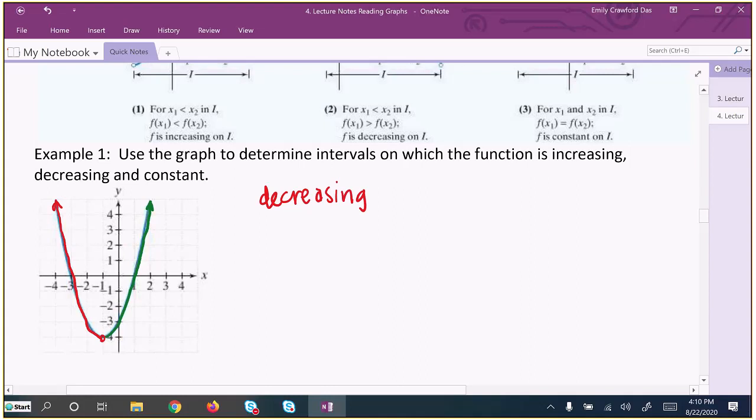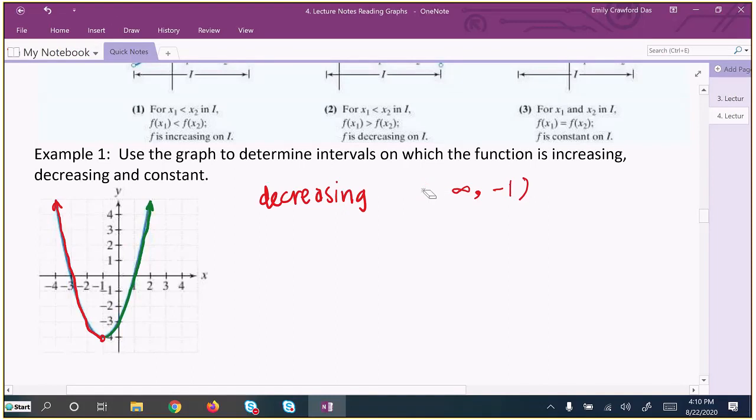And I know that these arrows mean I'm going off to the left forever, so that's from negative infinity. And when do I stop decreasing? Well, right around x equals -1. And remember, we always do this for an open interval. Why open?